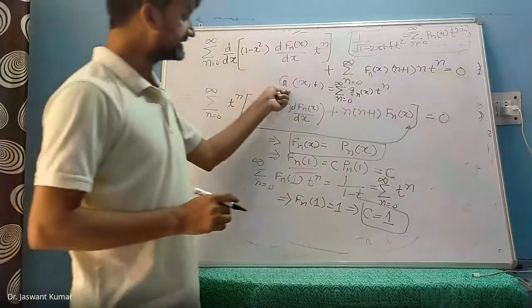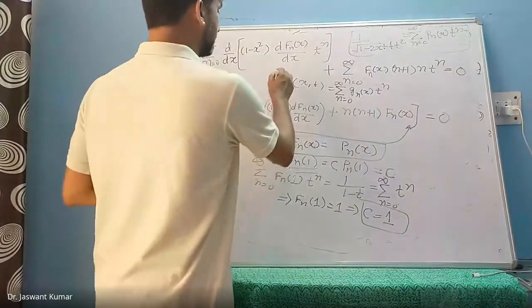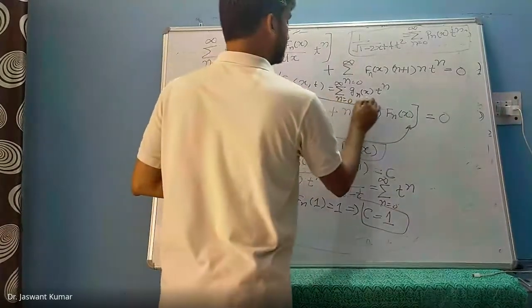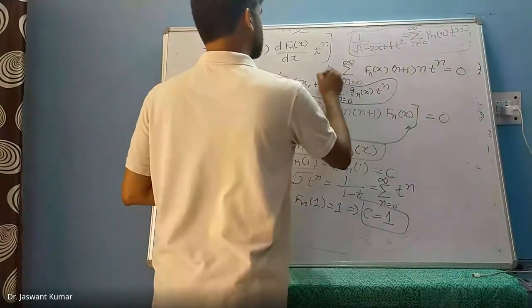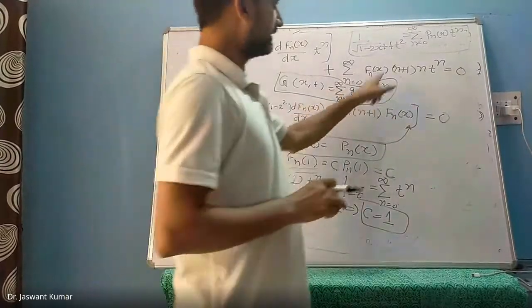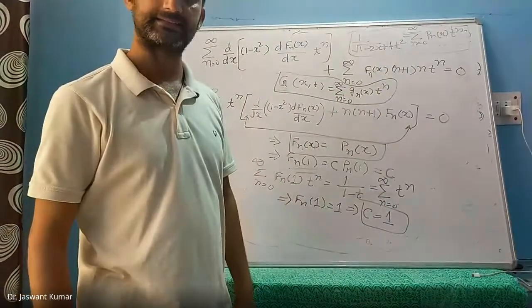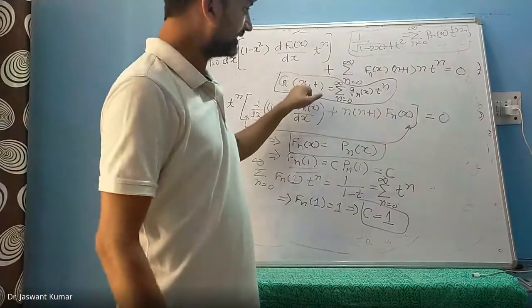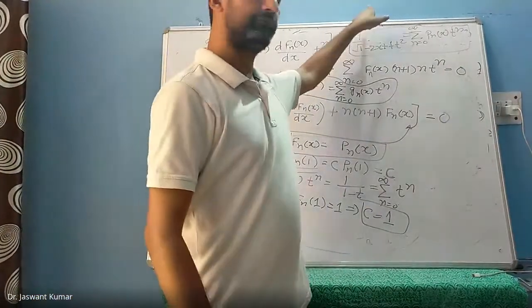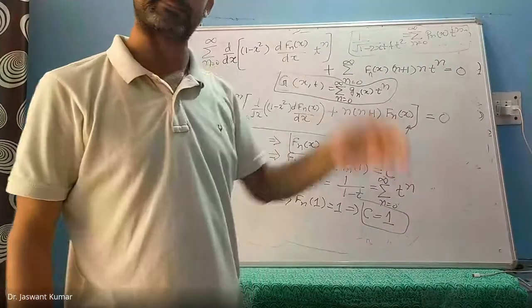That is how capital G should be written if it has to be the generating function for small g. Small g in our case was the Legendre polynomial P_n(x), and capital G turned out to be 1 by the square root of 1 minus 2xt plus t squared.